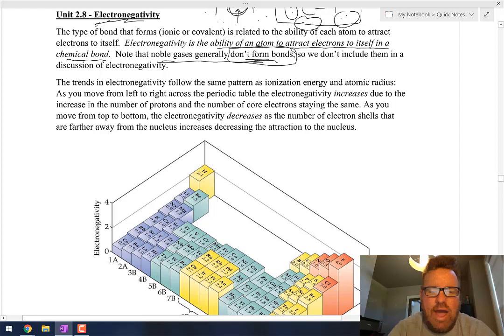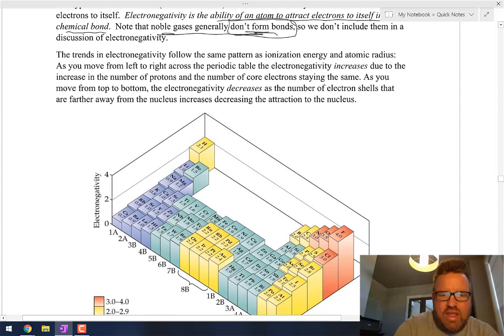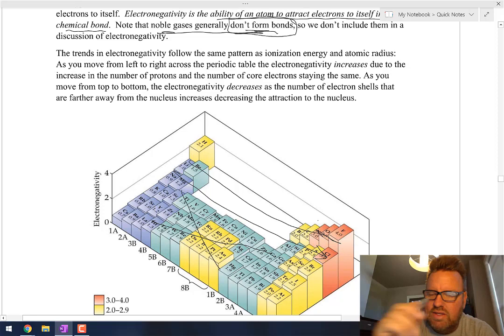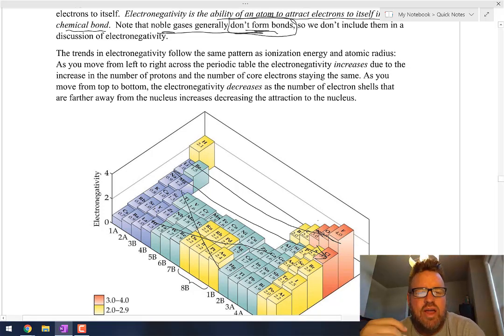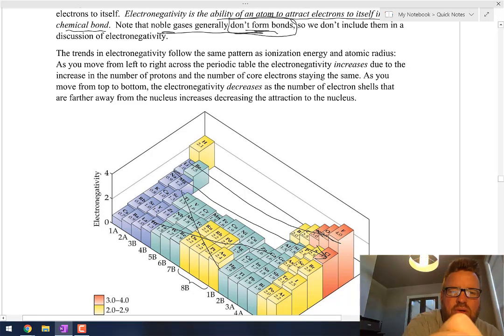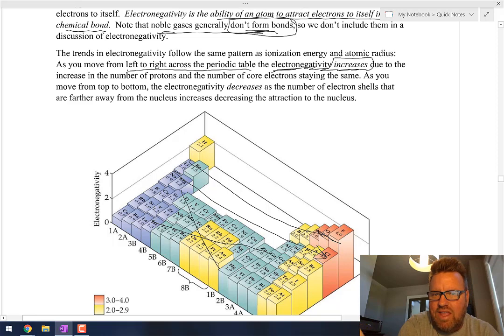Now, you'll notice the trend here. Again, forget about the d subshell altogether. We're simply looking at the s and the p subshells. Notice there is a trend similar to ionization energy, similar to atomic and ionic radius, that as you go from left to right across the periodic table, the electronegativity increases.